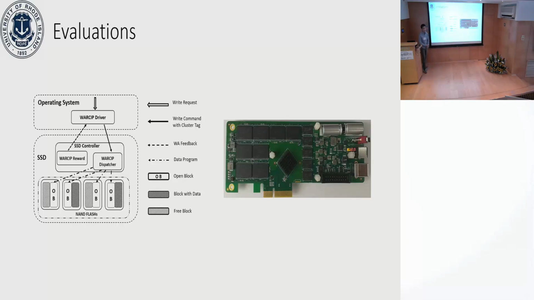How much information do you need to keep per page? The information we keep per page is just a timestamp. Just a few bytes? Yeah, a few bytes. We use the recorded timestamp subtracted from the current system time, so that we get the rewrite interval.